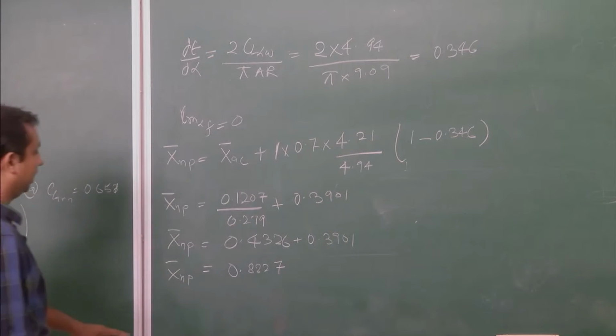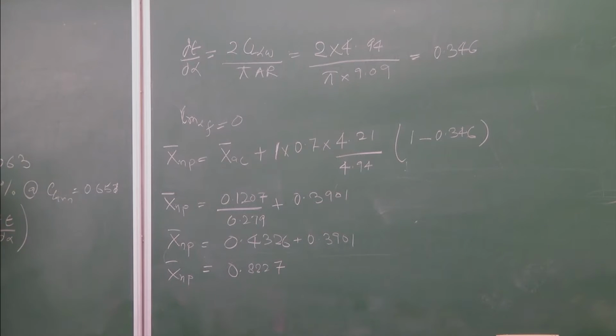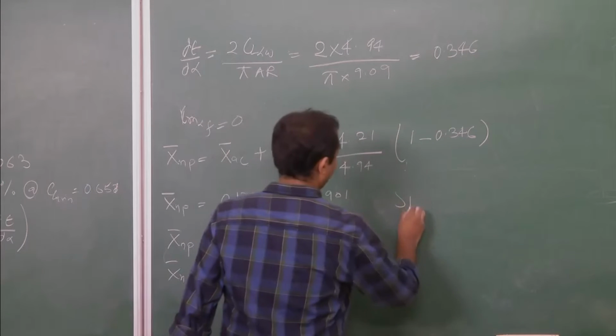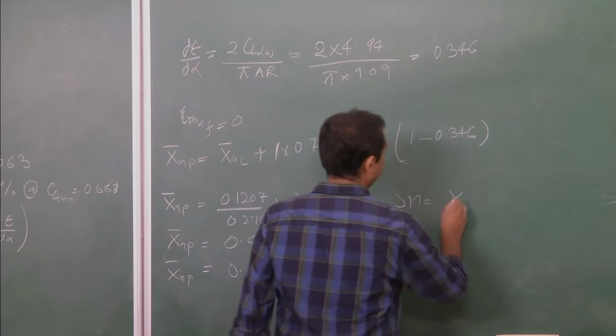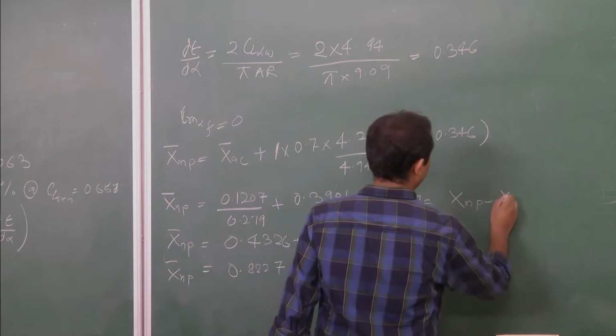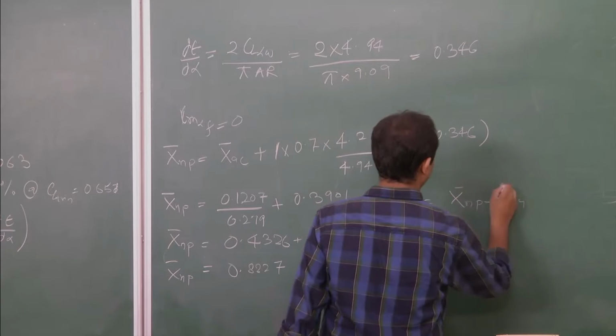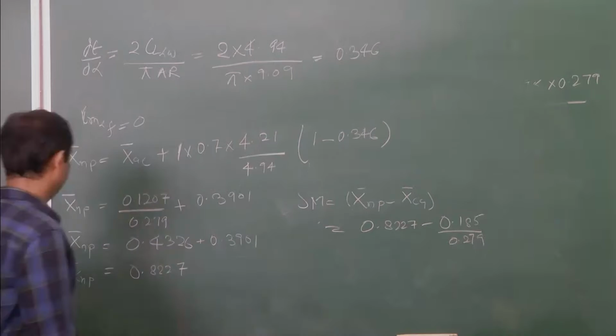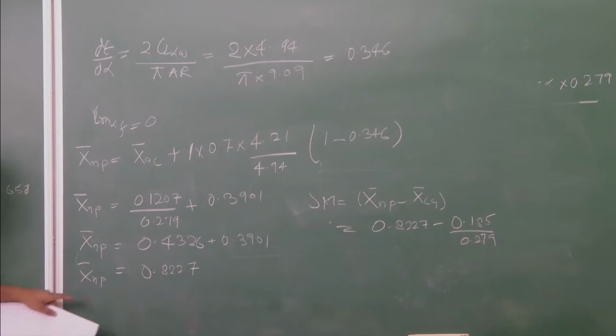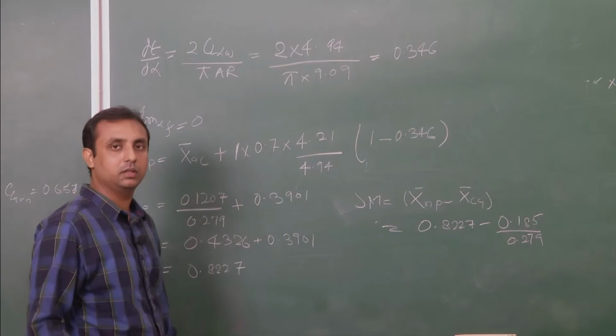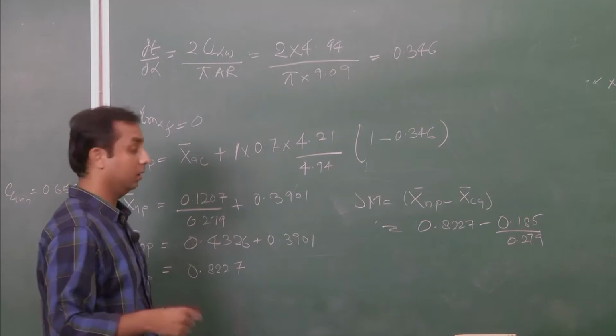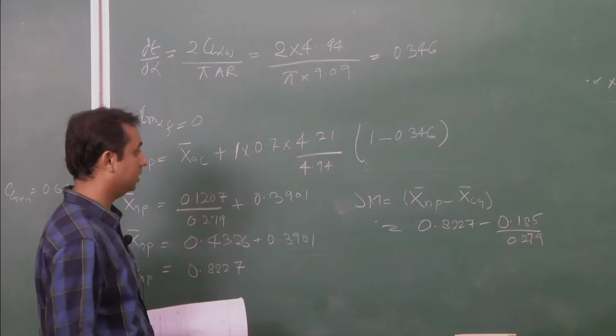If you want to calculate your static margin using formula, static margin equals X NP minus X CG bar. Once you get this neutral point, you can verify whether my static margin, which I initially approximated, is correct or not.